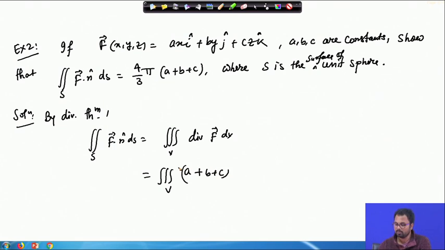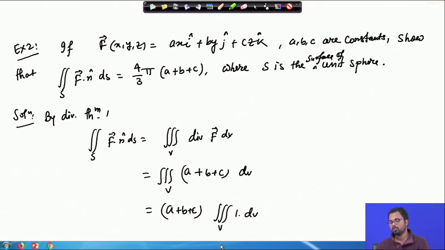So, this is basically (a plus b plus c) times the volume integral of 1 dV. Now, V is the volume enclosed, the volume of that sphere. When you are integrating the constant function, you are basically getting the volume V, right.